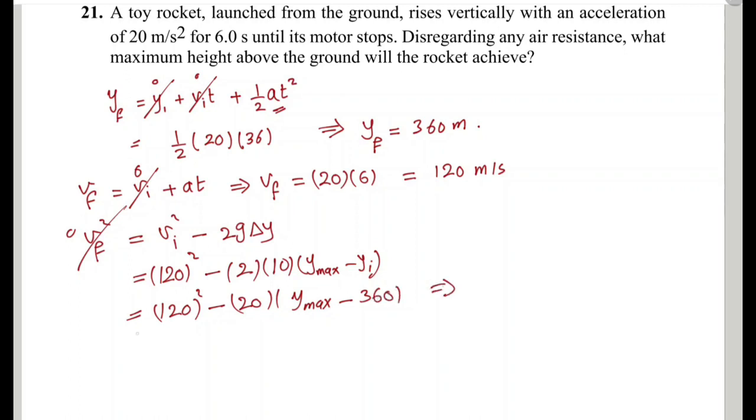To simplify this one, you will find y equal to 21,600 over 20, or y equal to 1.1 kilometers.